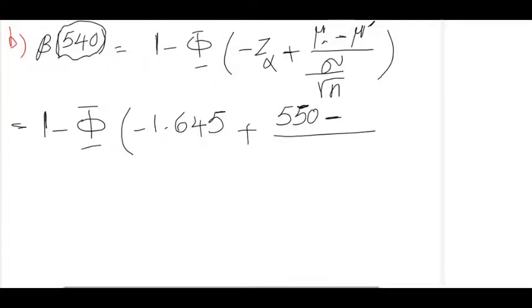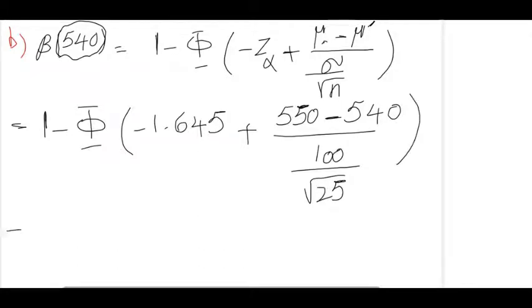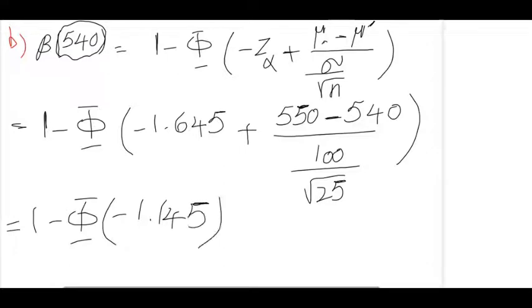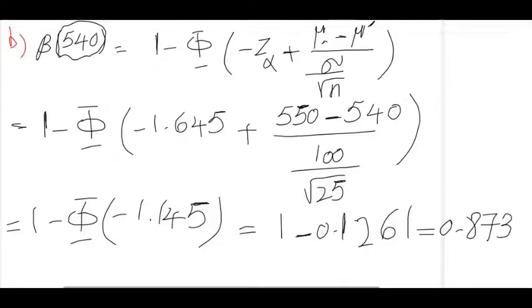Mu prime is 540. Sigma is 100. N is 25. So the result is 1 minus 0.1261 according to the normal table, and the final answer is 0.8739.